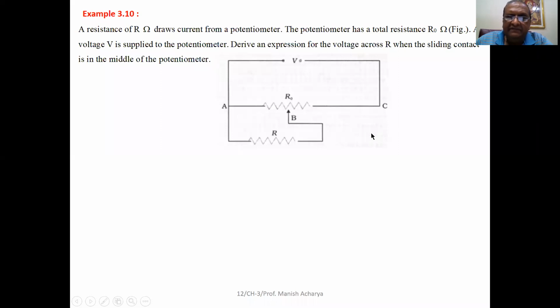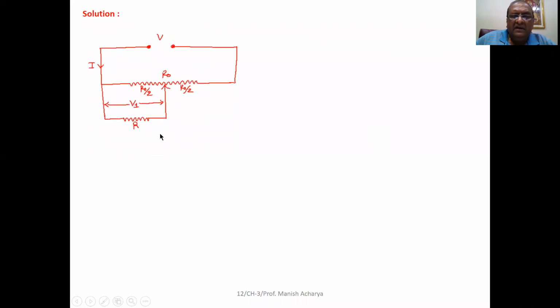Okay. Now see, if the sliding point is exactly at the middle point of the potentiometer wire, then on the left hand side of this movable or sliding terminal, the resistance of the potentiometer wire is R0 by 2, and on the right hand side of it, the resistance of the potentiometer wire is also R0 by 2.